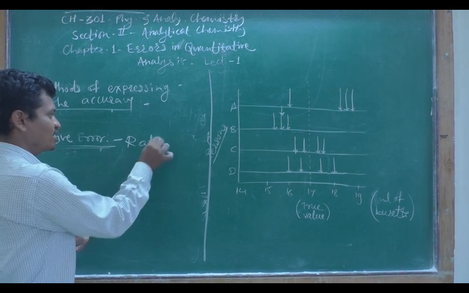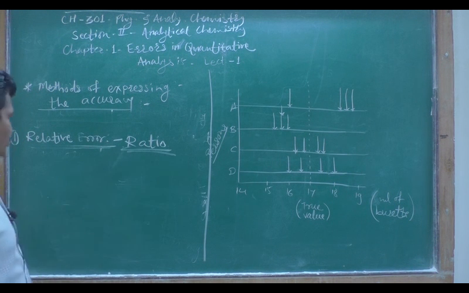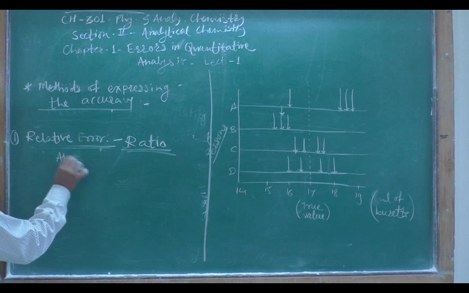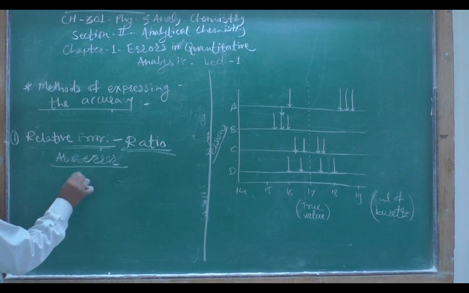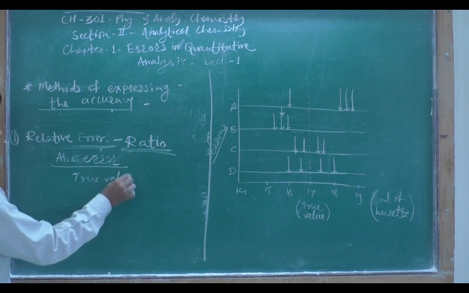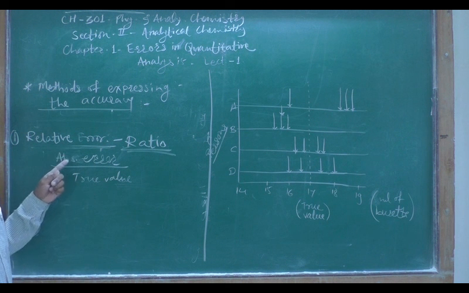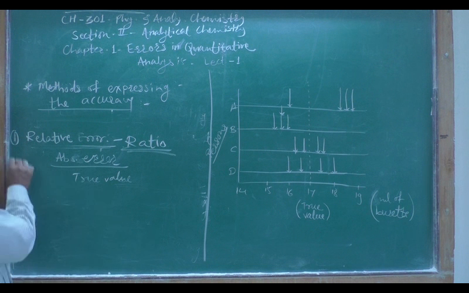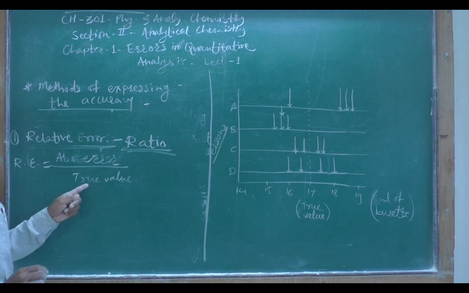Relative error is the ratio of absolute error divided by the true value. Absolute error divided by the true value, we get the relative error. So relative error is equal to absolute error divided by true value.